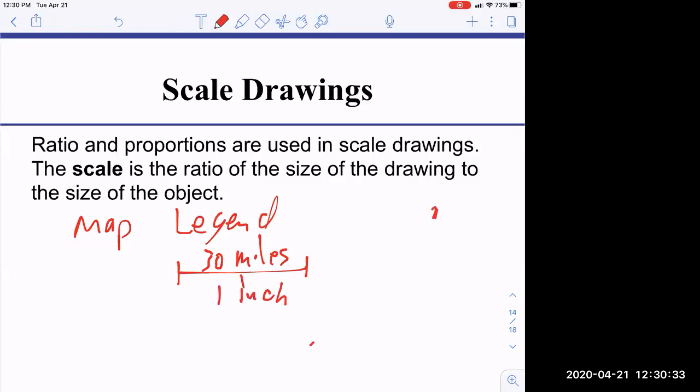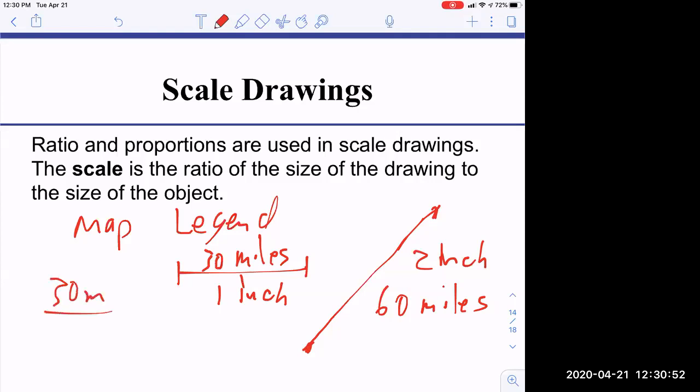So you can take 2 points on your map, kind of measure it. If this was 2 inches, you know it's 60 miles away because you just scaled up using your legend, or notice this is a ratio of 30 miles per 1 inch. So that's basically an overview of proportions. We'll do more in class.